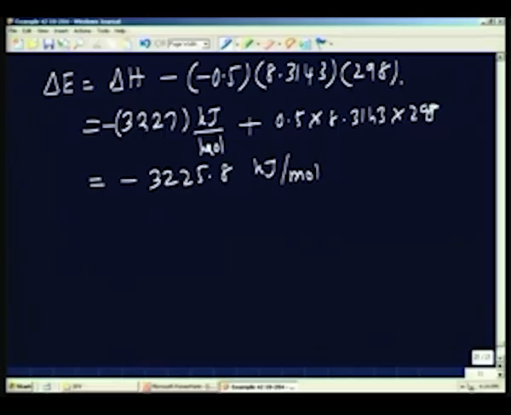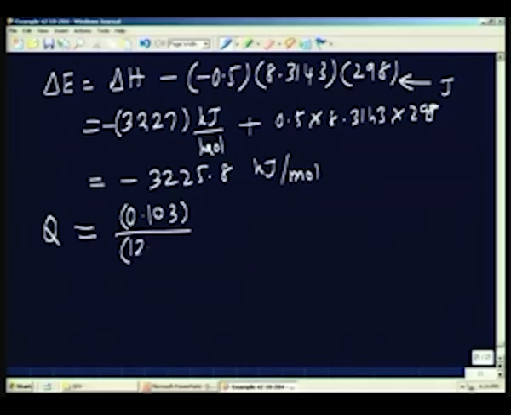This is actually in joules. This is in kilojoules. That is why you have to be clear. So, the heat released during the combustion of benzoic acid, when 0.103 gram is burnt: I have to calculate the number of moles, that will be divided by the molecular weight 122.12, which was already given in the slide, multiplied by 3225.8.